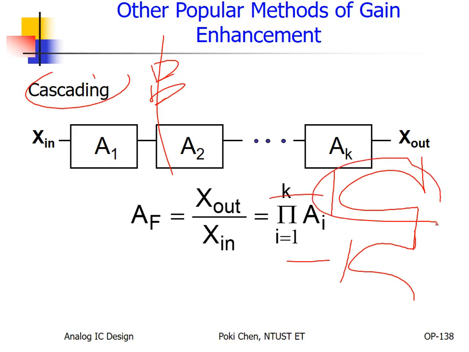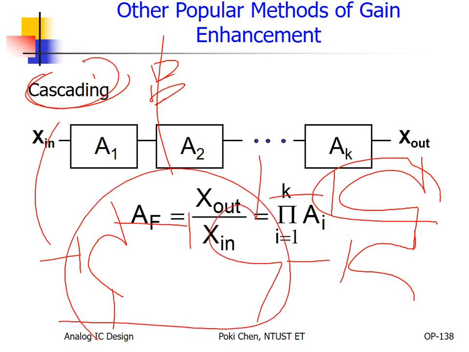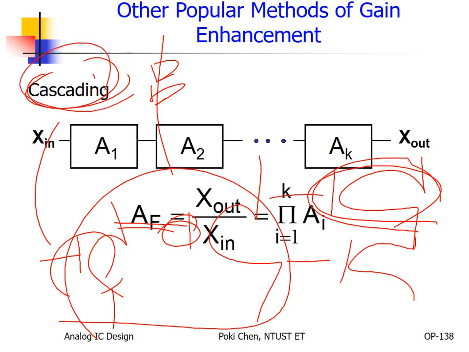So the concept for cascading and cascode are totally different. All right? For example, what is cascading? My output to your input. This is cascading. My output to your input. But for cascode, you are on top of me. That's it. 一个叫串接，另外这个叫叠接，叠在一起。Anyway.